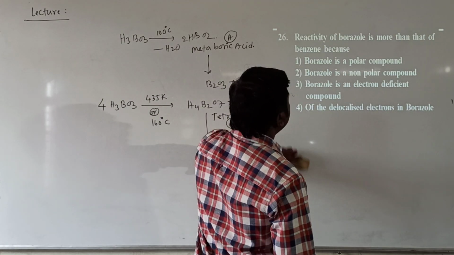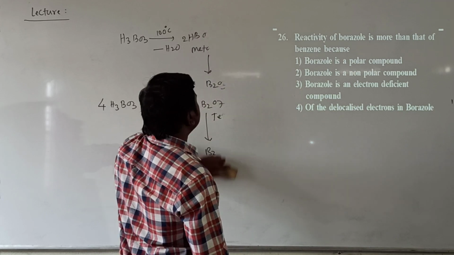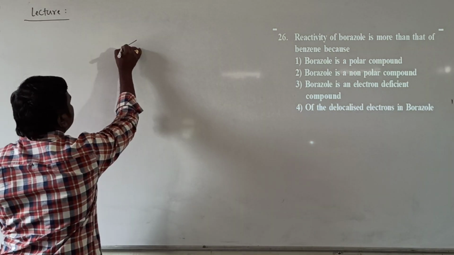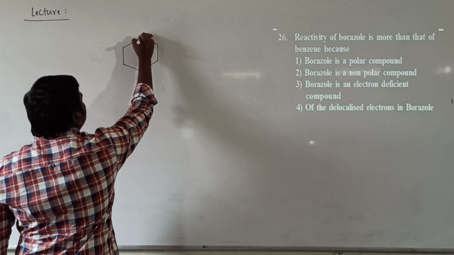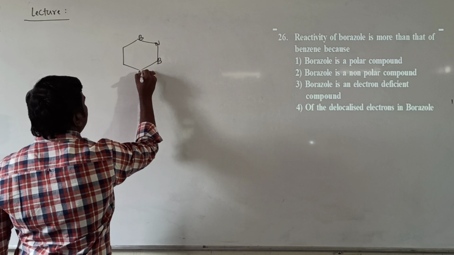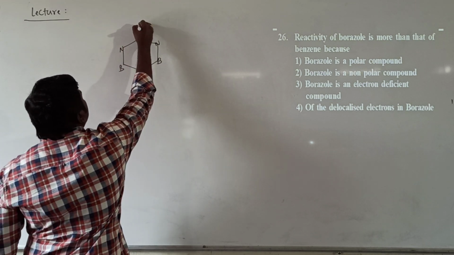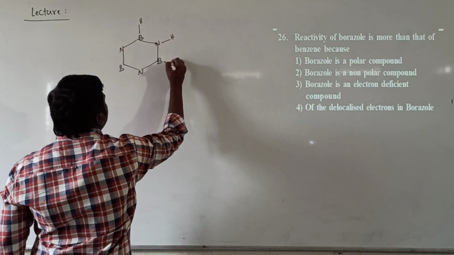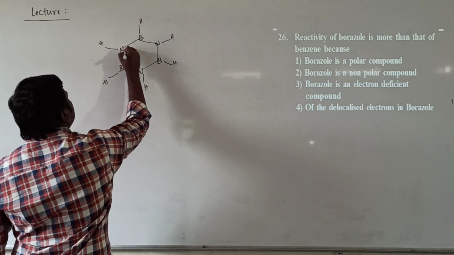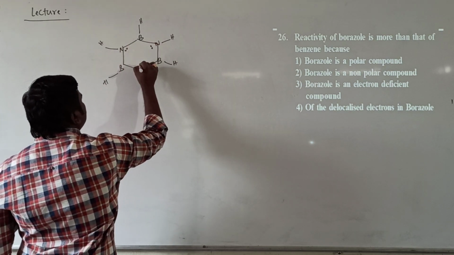Next. Reactivity of borazole is more than that of benzene. Borazole has a benzene-like structure with alternating boron and nitrogen, with hydrogens on each, and a lone pair on nitrogen.